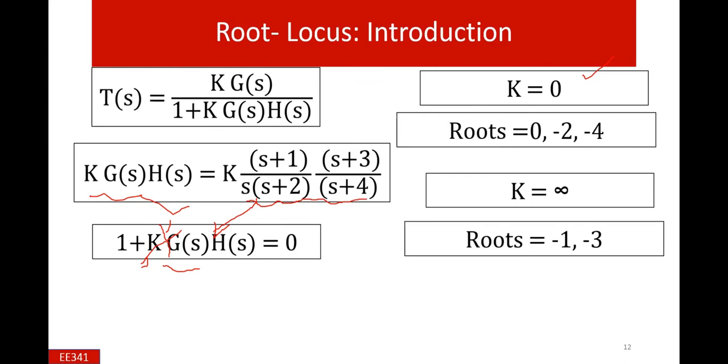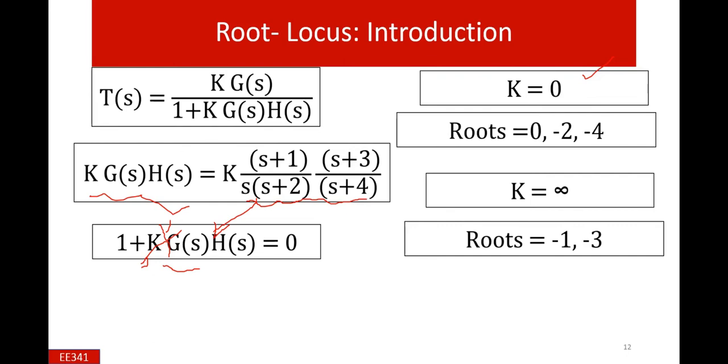It means root locus starts from k equal to 0 and ends at k equal to infinity. In this case, the starting points are the three poles of the open loop transfer function, and it ends at the zeros of the open loop transfer function, which are -1 and -3.